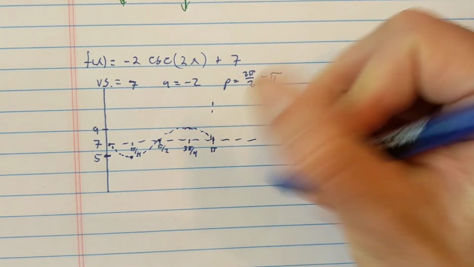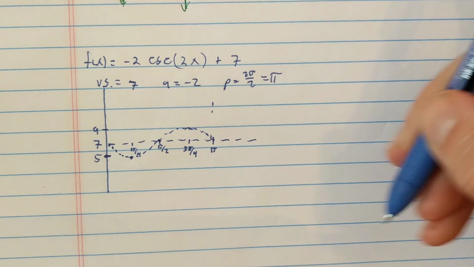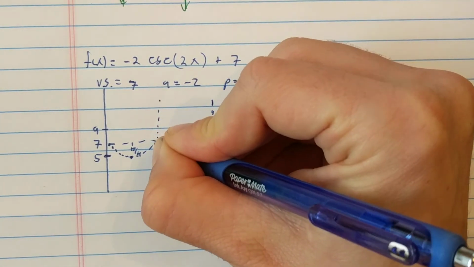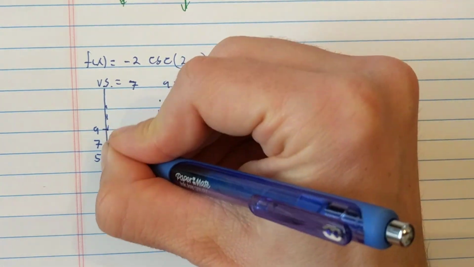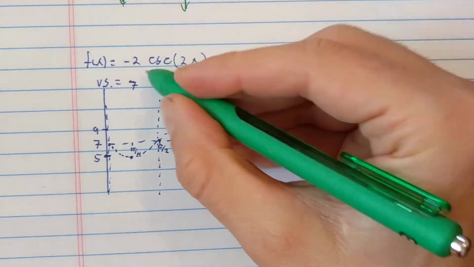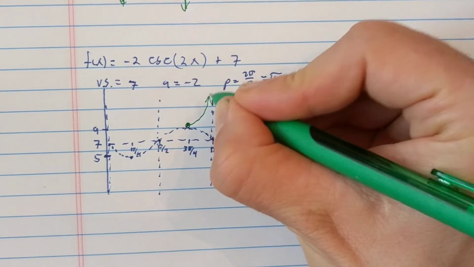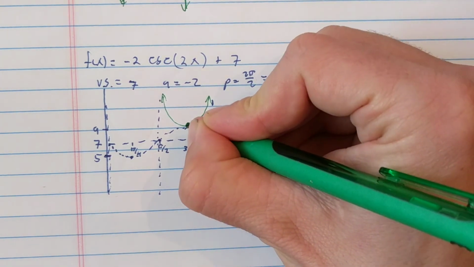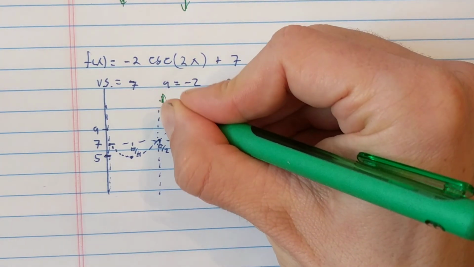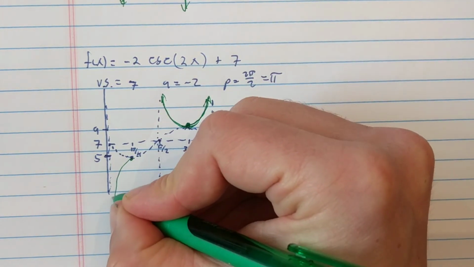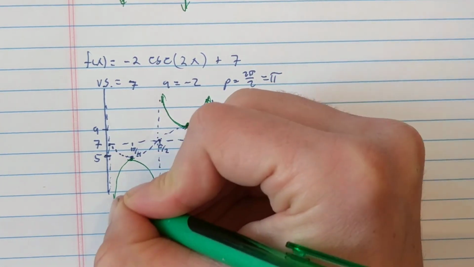Then we can draw our vertical asymptotes wherever our graph crosses the center. Now we're ready to graph our actual function of cosecant, which again will be in green. Whenever sine reaches its peak, cosecant reaches the bottom of a trough there and then goes up to infinity. Same thing here, but now it goes down to negative infinity.